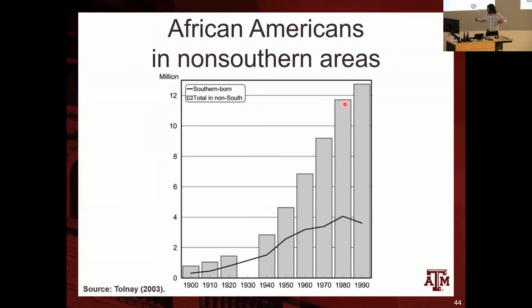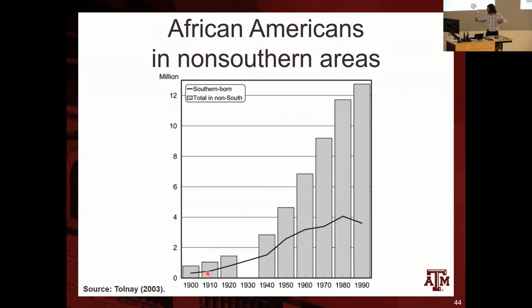This could be the ones that moved to non-southern states and those that were born in non-southern states. So this is both the direct and the indirect effect, the immigrants and their children.